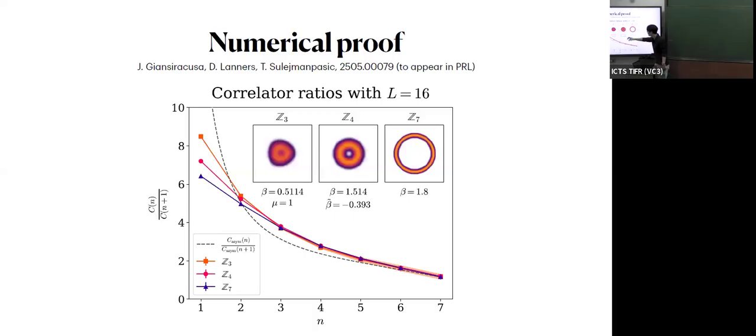For Z4, rather than turn on a monopole mass, what these authors did was they turned on a larger plaquette action, so a larger Wilson loop in the action. I think just based on the principle that this should be a generic phase, you should be able to find it.